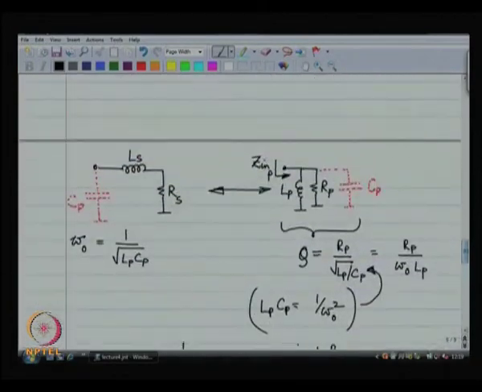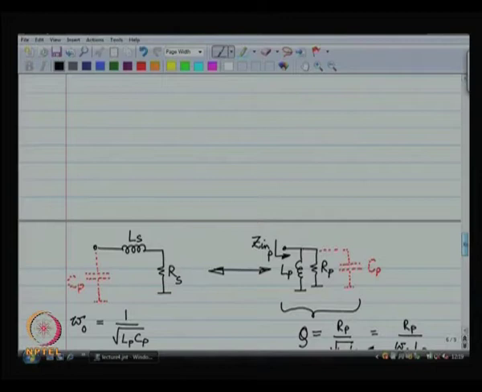So, let us go back to what I wanted to do. I wanted to transform a parallel LR combination to a series LR combination. And what I found was that the series resistance has to drop by a factor of 1 plus q squared. The series inductance is more or less almost equal to the parallel inductance.